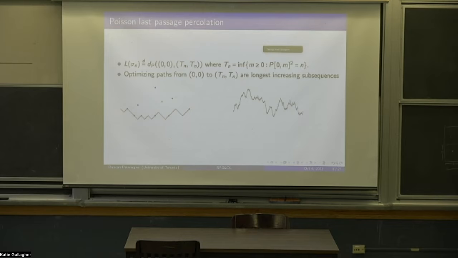So here's the picture. I take my Poisson process, I tilt it by 45 degrees, and I see this. Now these upright paths just look like graphs of one-Lipschitz functions. And this, appropriately scaled, converges to I.